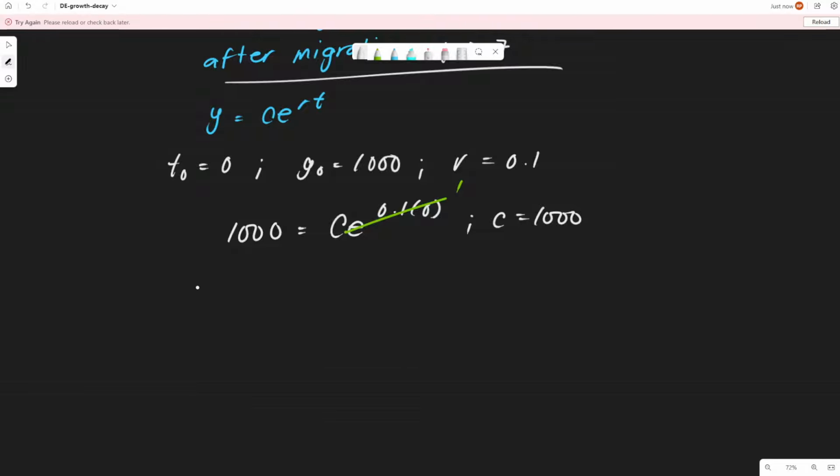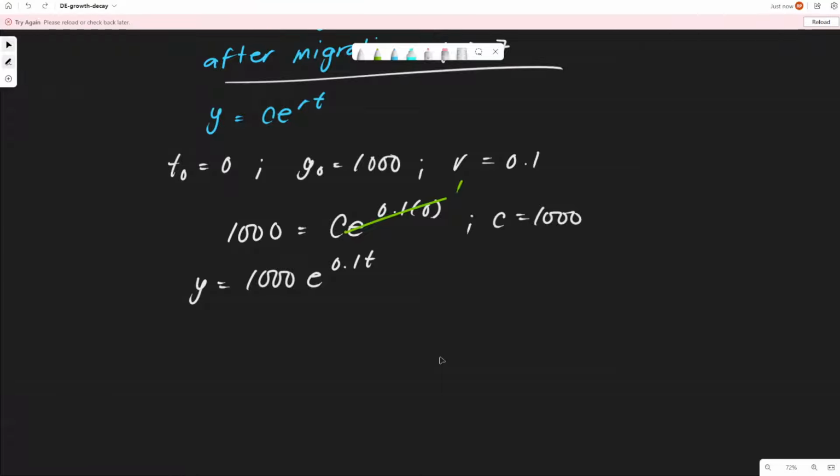Okay, so y is equal to 1,000 e raised to 0.1 t. Ano yung gagamitin natin t dito? Hindi pa tayo pwede tumuloy diretso dun sa hinahanap na 10 years. Bakit? Meron kasi nangyari in between the initial time and the time na hinahanap natin. Ano yun? Yung migration. After 7 years.